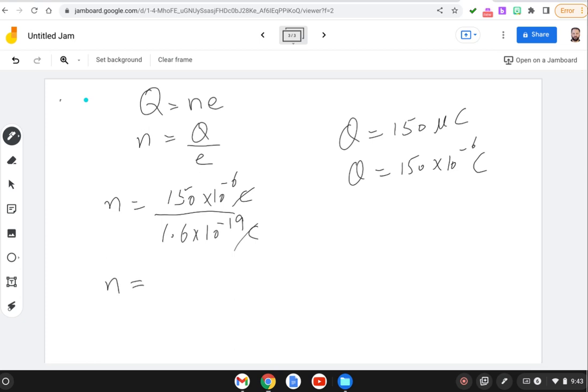So, just do it now. How much? You can use it this way: 150 divided by 1.6 times 10 power minus 6 plus 19. It becomes 13. So 150 divided by 1.6, how much?